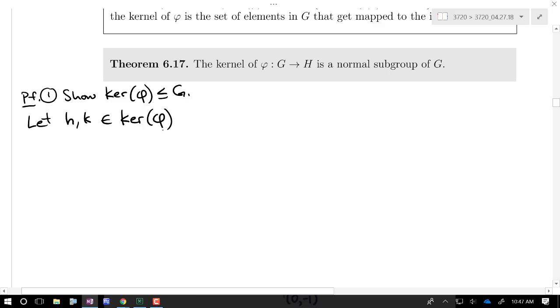All that we know about these elements is that under the phi function, under that homomorphism, they map to the identity in H. That's basically all we know. And we're going to show that HK inverse is in the kernel. So we want to show that the product HK inverse also maps to the identity.